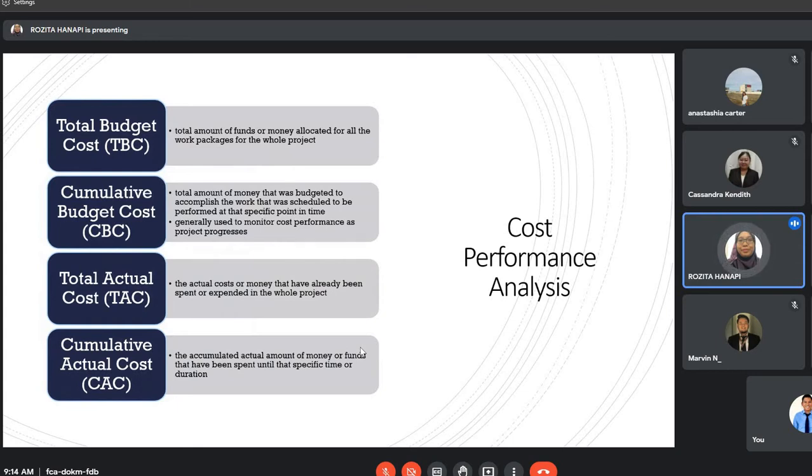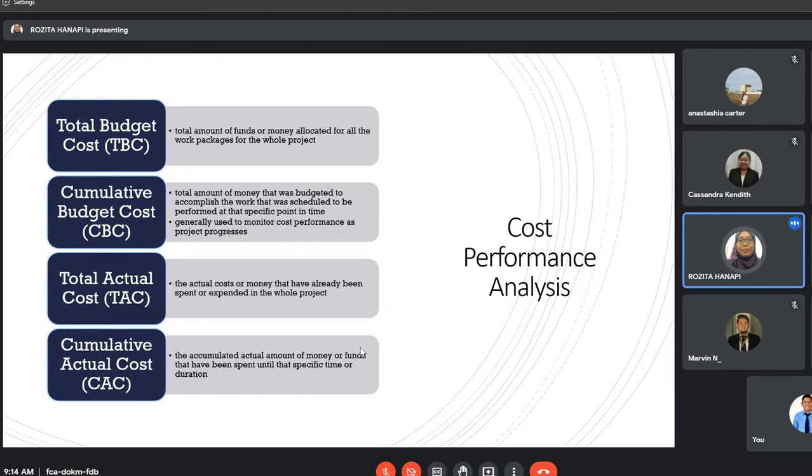So the total budgeted cost is the total amount of funds or money allocated for all the work packages for the whole project. Cumulative budgeted cost is the total amount of money that was budgeted to accomplish the work that was scheduled to be performed at the specific point in time, and it is used to monitor cost performance as the project progresses.